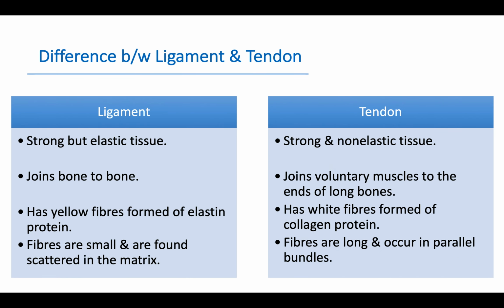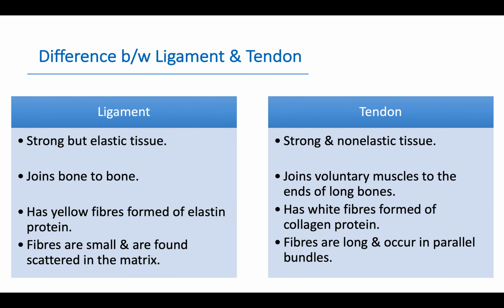Ligament has yellow fibers formed of elastin protein, while tendon has white fibers formed of collagen protein. Ligament fibers are small and found scattered in the matrix, while tendon fibers are long and occur in parallel bundles.